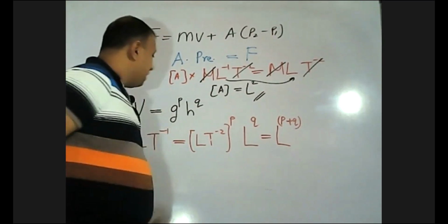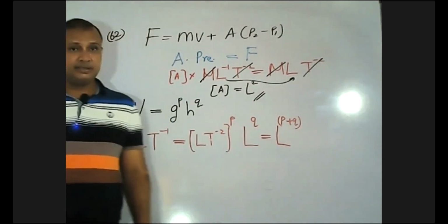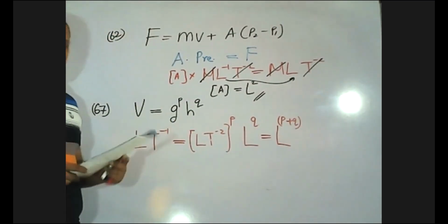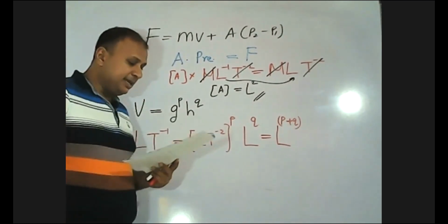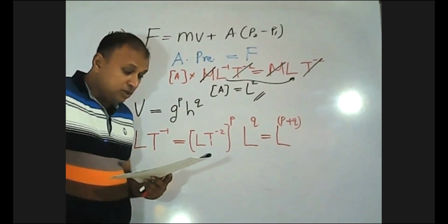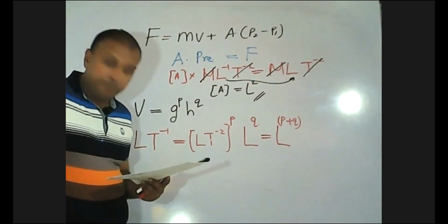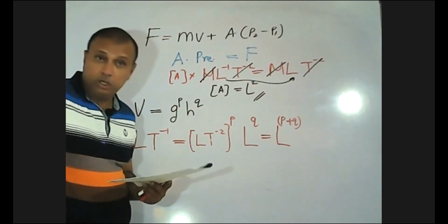Otherwise, I cannot write this equation. But there is a phrase in the question: the velocity of the freely falling object is only proportional to g to the power p and h to the power q.